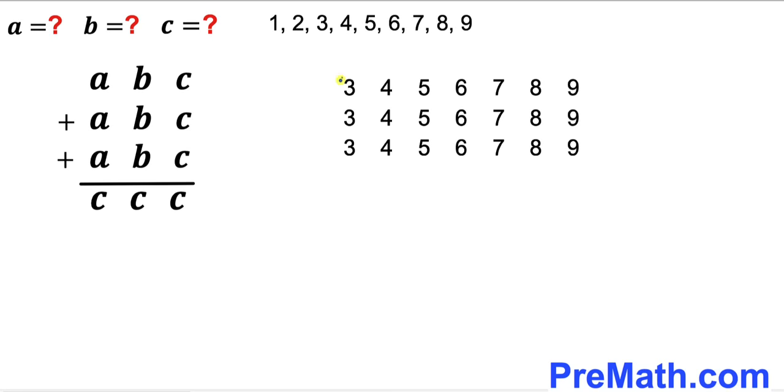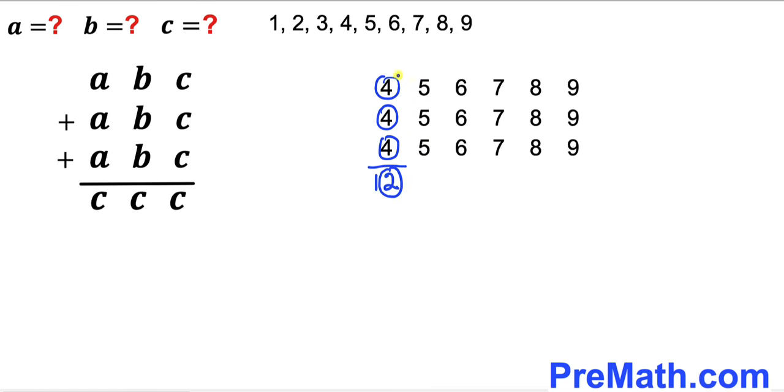Let's try 3, 3, and 3. If we add that one, that is going to give us 9. Once again, 9 is not same as 3. So we are going to rule out this option as well. Let's try 4 plus 4 plus 4. That is going to give us 12. And now we can see our ones place is 2.